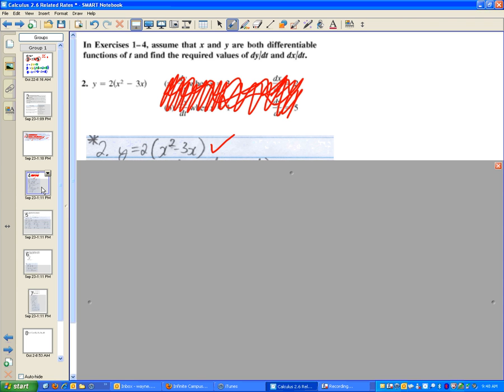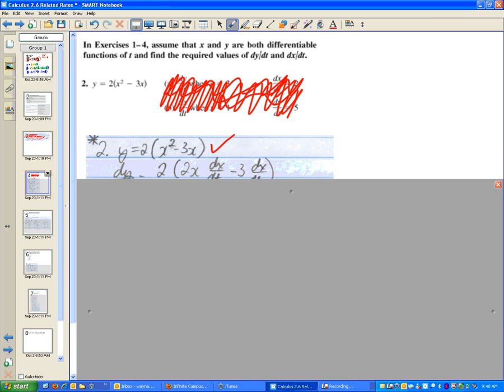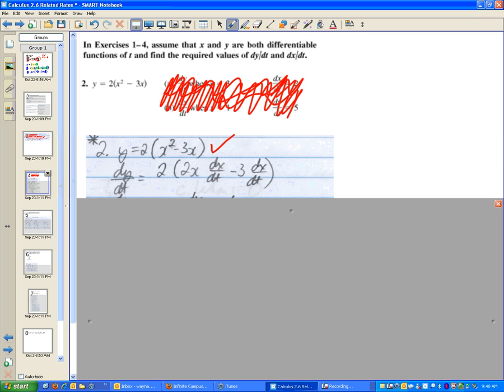So what we're supposed to do next is take the derivative. That will turn this equation into a related rate equation. The derivative of y is dy/dt. You can call it y prime if you have to, but it's dy/dt. Equals.